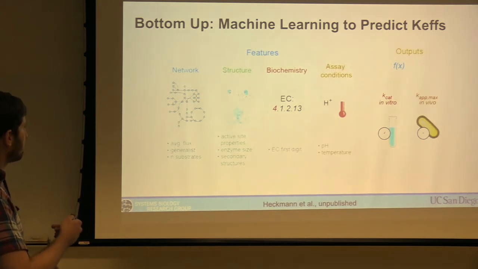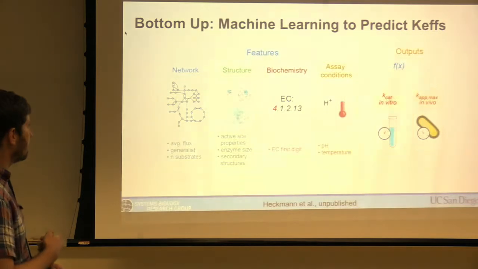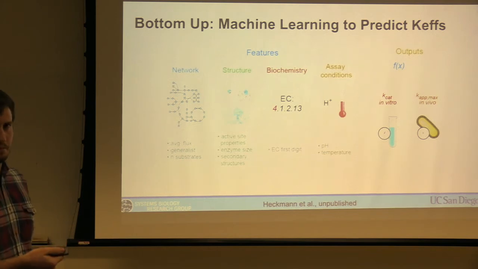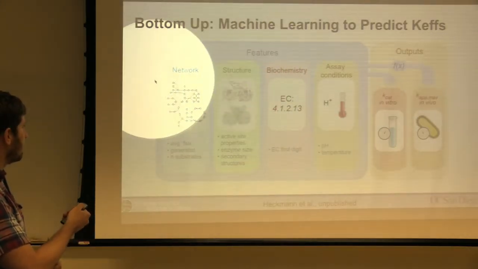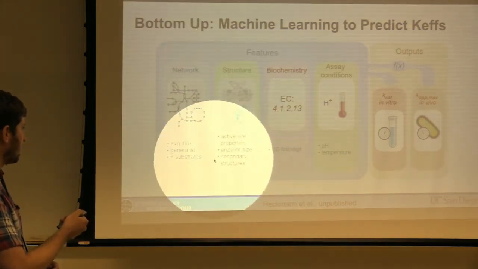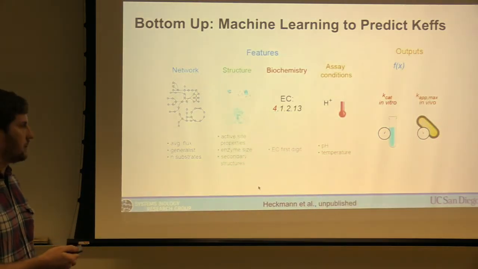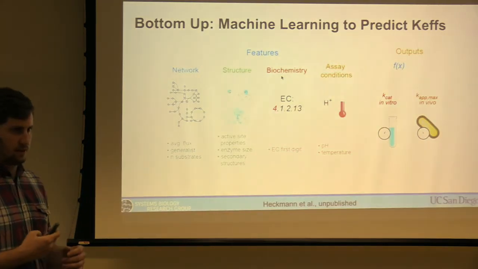The first approach has been a bottom-up one. A student in the lab has come up with a machine learning pipeline that uses fundamental features of the network and the structure of each of the proteins, such as active site properties, size, prosthetic groups, and so on, and the biochemistry of each reaction.